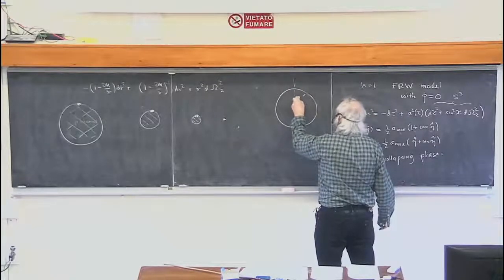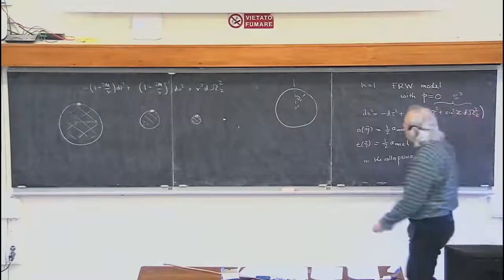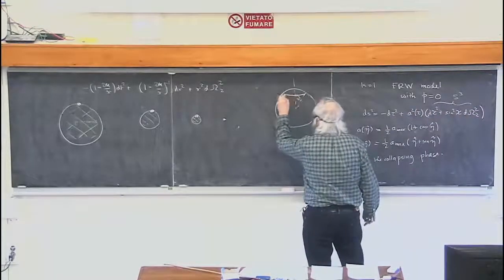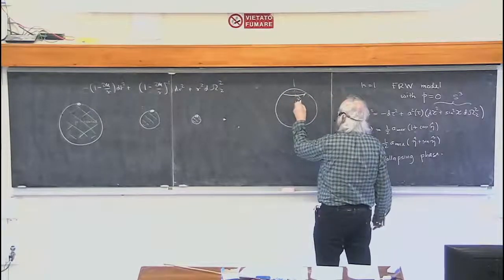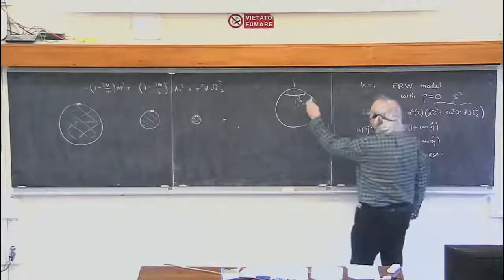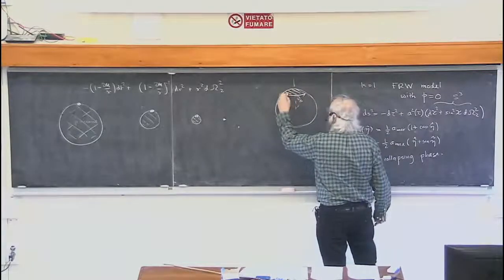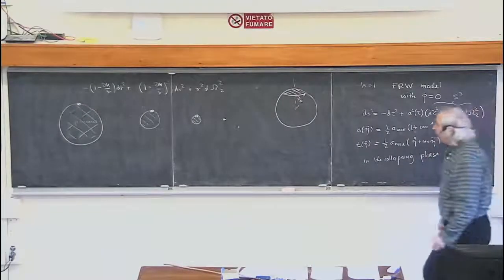The analog of the angle chi is the angle from the pole. And all you do is cut out a little bit of it here. Let's call this angle here chi max. Let's call it chi 0. And that tells you that this region here corresponds to this region of space-time for chi less than chi 0.